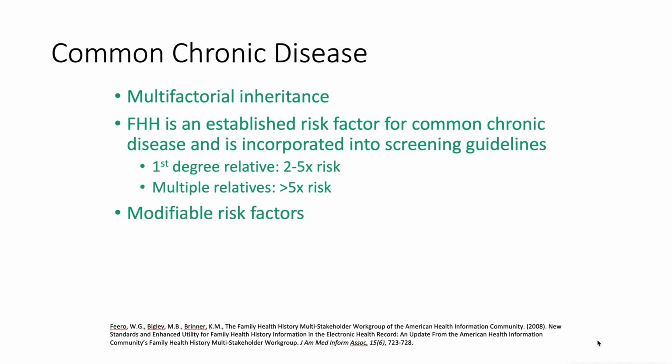So if you're taking the history, you would know that a first-degree relative has a 2 to 5% increased risk. And we see this in breast cancer, ovarian cancers, different things. With multiple relatives, it may be greater than a 5-time risk. And then we also want to know about modifiable risk factors. Smoking, obesity, that sort of thing.